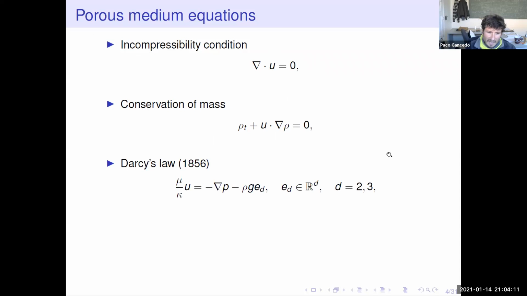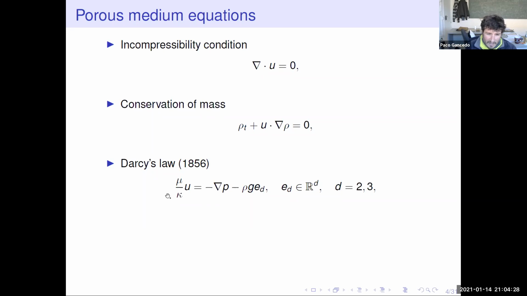Then finally I'm going to close the system with the fundamental Darcy's law, the most basic equation to model a fluid in porous media, so we have this water filtering through sand.